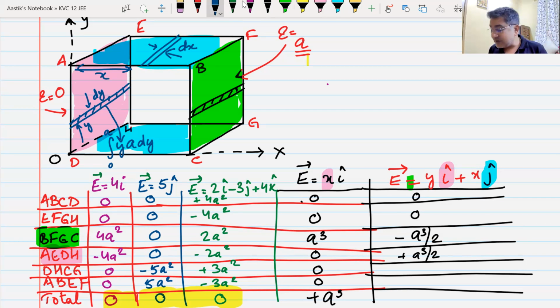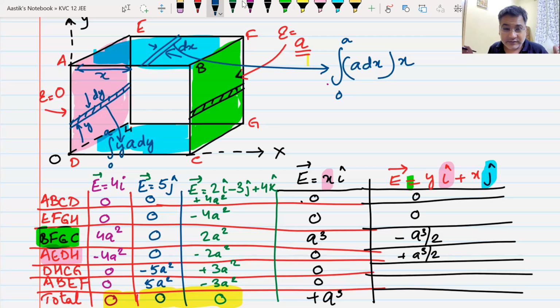The only difference that it will make is, now the electric field is x. The area of this segment is A into dx, and the electric field is equal to x. I put the integral of it from 0 to A. The same answer will come, which I got in the previous cases.